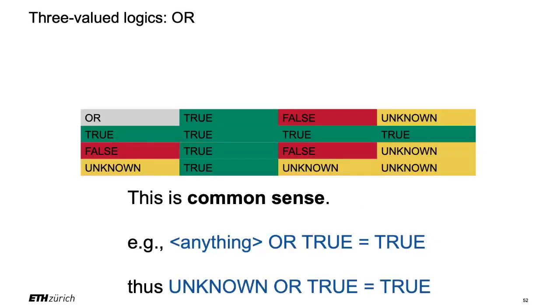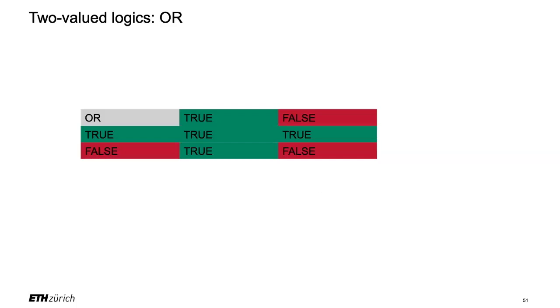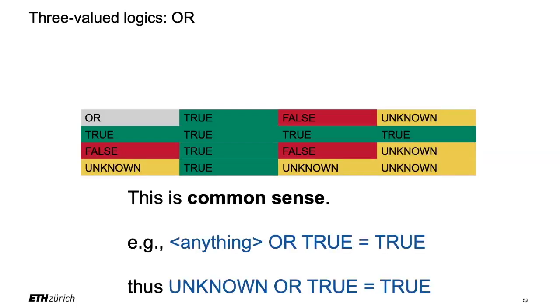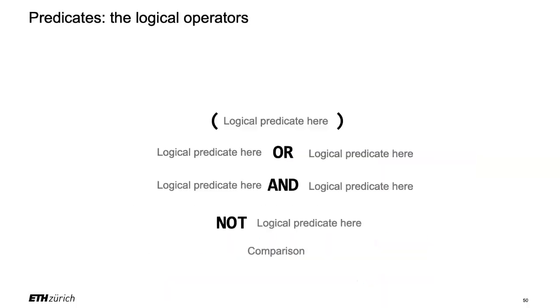You can also combine them with logic, meaning that you can say something has to be equal to something and something else has to be smaller than something else, or something else has to be different than something else. So you can combine them with or, and, not.